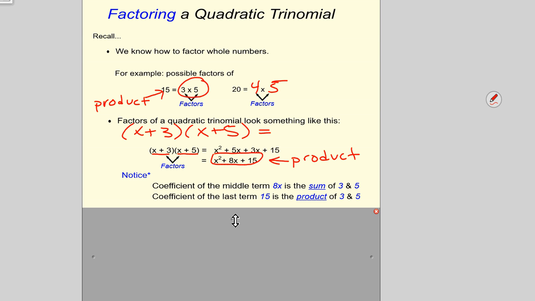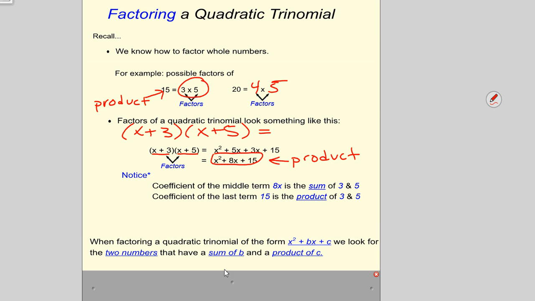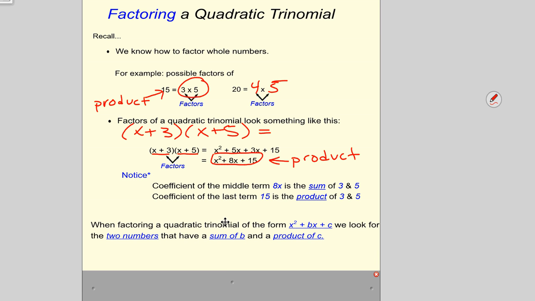This is why we've been doing those diamond problems, to get you in this habit, to develop that skill of taking two numbers that multiply to a number and taking those same two numbers to add to another number, right? When we factor a quadratic trinomial in this form, x squared plus bx plus c, we're looking for two numbers that have a sum of b, sum means add to b, and a product of c.